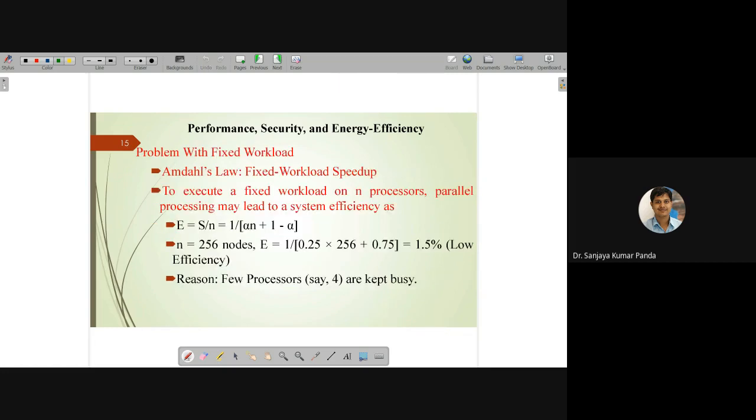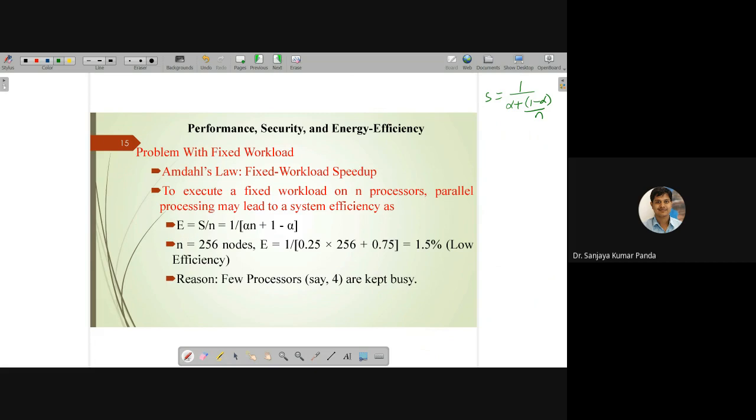There are some problems when you deal with a fixed workload. Amdahl's law, which we discussed here, says speedup S is equal to 1 divided by alpha plus (1 minus alpha) divided by n. It works only for fixed workload speedup. The program is there, alpha and 1 minus alpha are the sequential and parallel parts, and the workload is fixed.